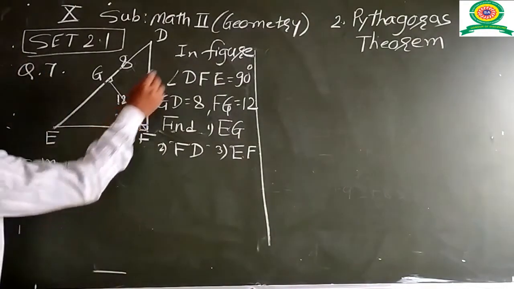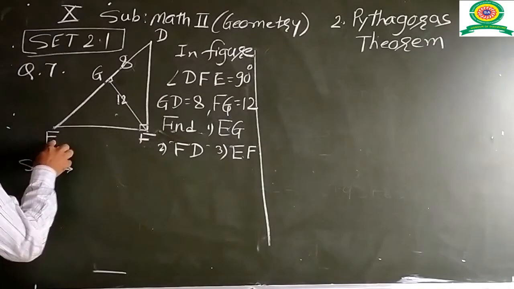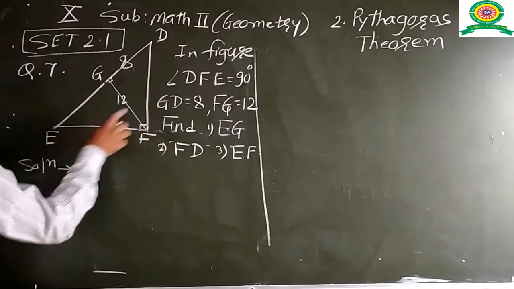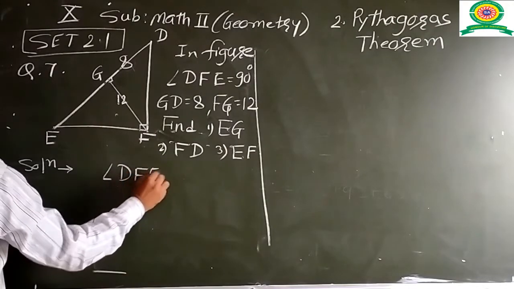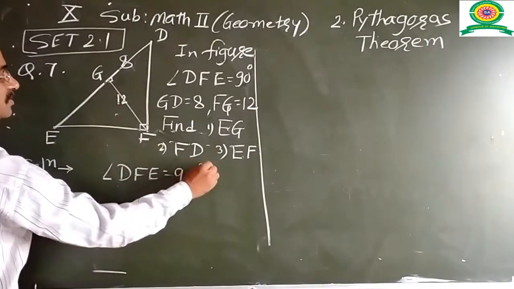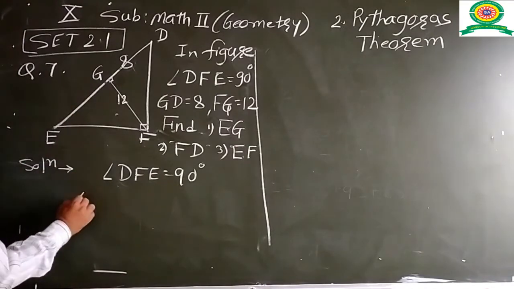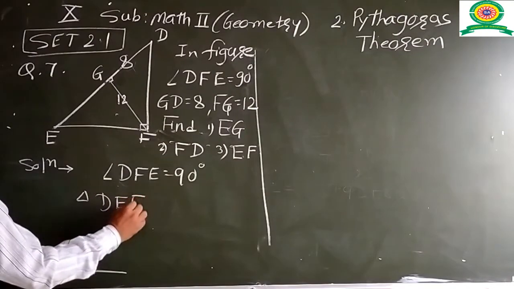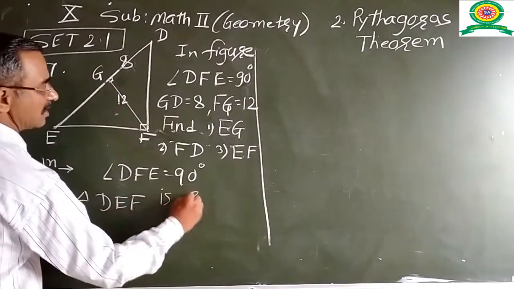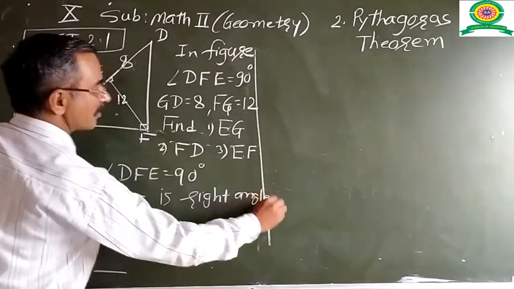Then in triangle DFE, angle DFE is 90 degrees, so it is a right angle triangle. So triangle DEF is a right angle triangle.